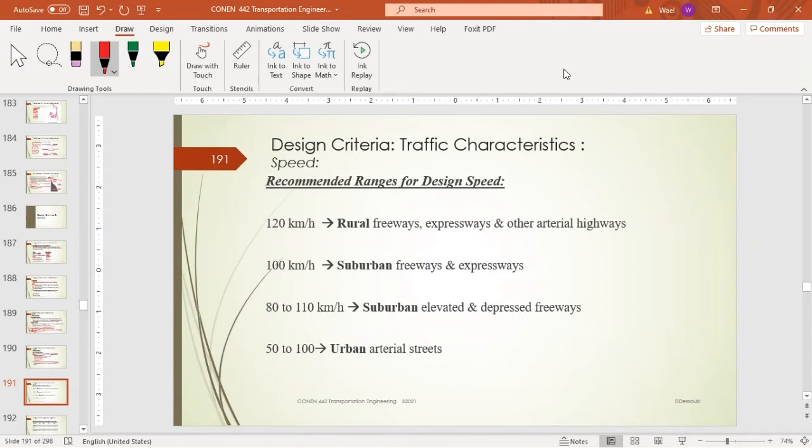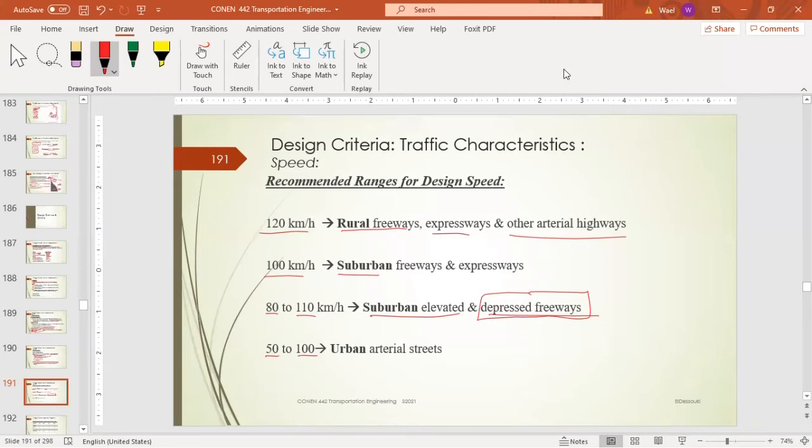For example, for rural freeways, expressways and other arterial highways, it's 120 kilometers per hour. For suburban freeways, 100. For suburban elevated or depressed freeways, from 80 to 110. Urban arterials, between 50 and 100 kilometers per hour.